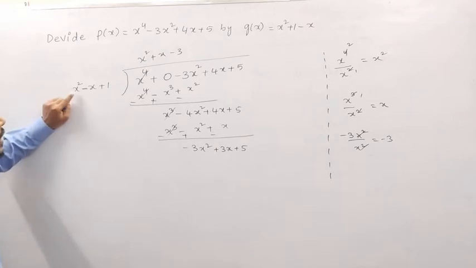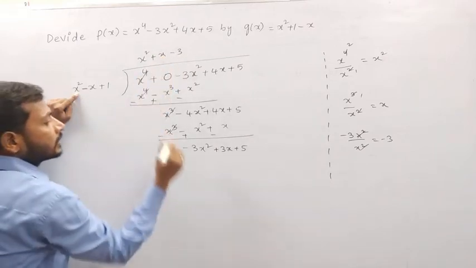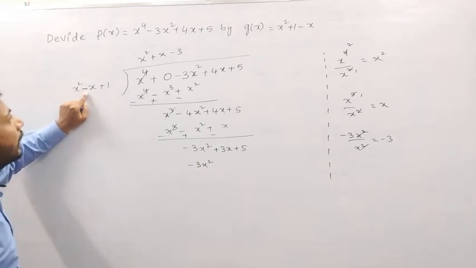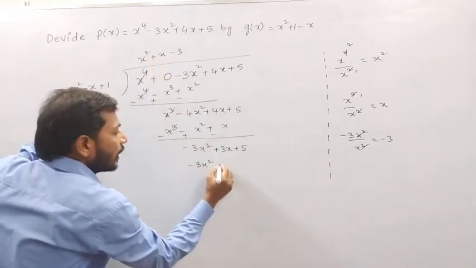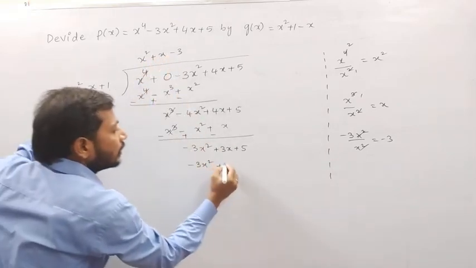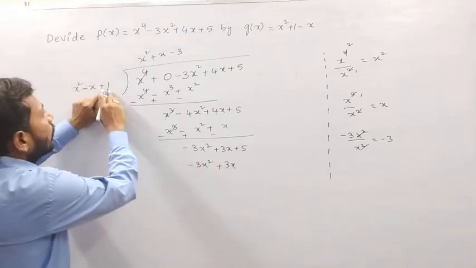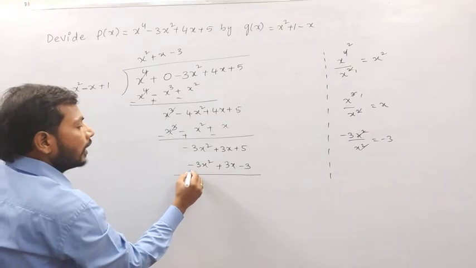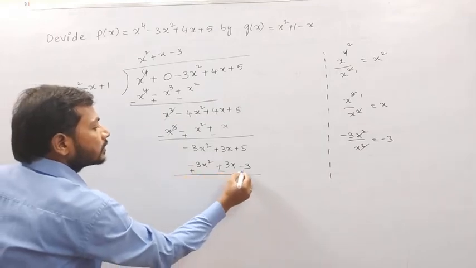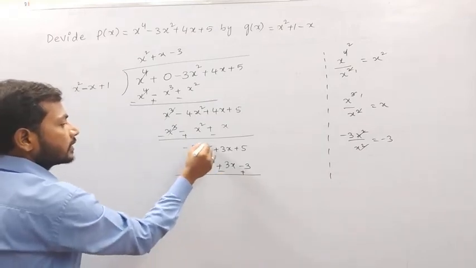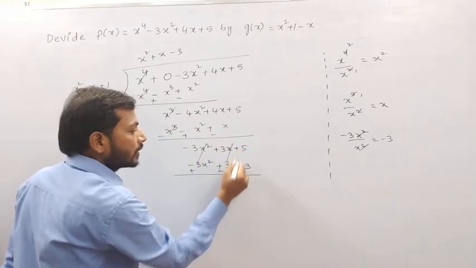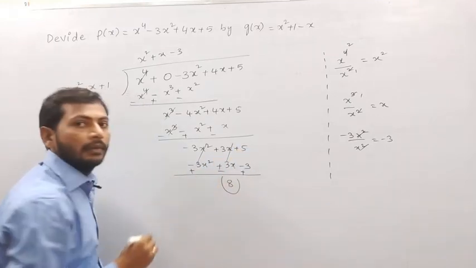Then write x square into minus 3: minus 3x square, sir. Minus into minus plus: x into 3 is 3x, and 1 into minus 3 is minus 3. Then I am going to say plus minus plus. Plus minus is cancelled, plus minus is cancelled. 5 plus 3, 8 is the remainder.